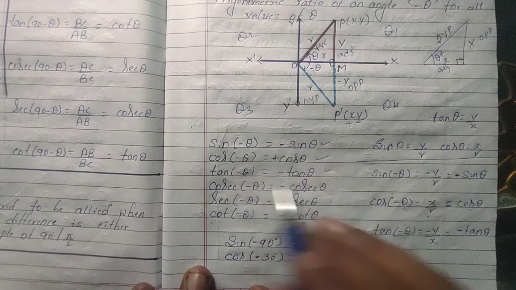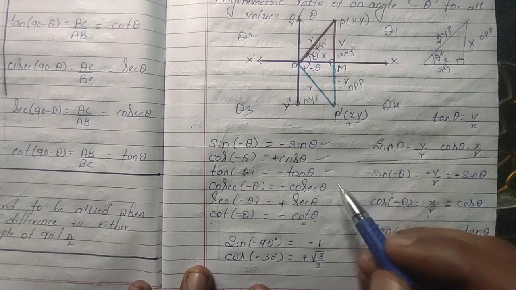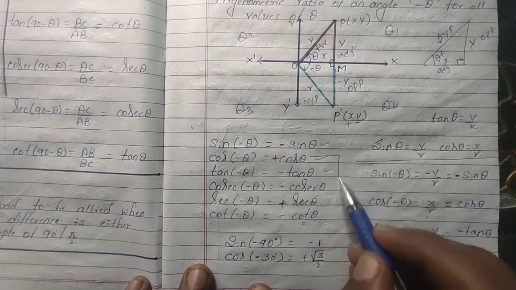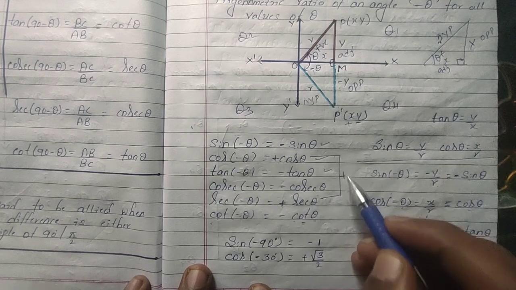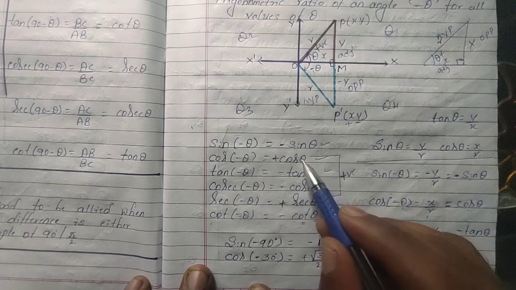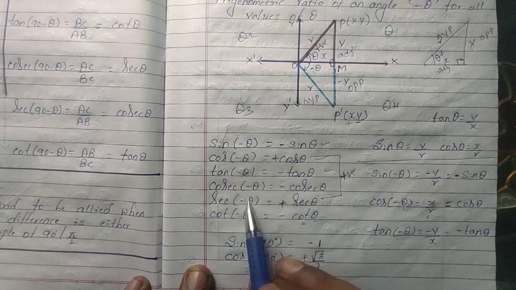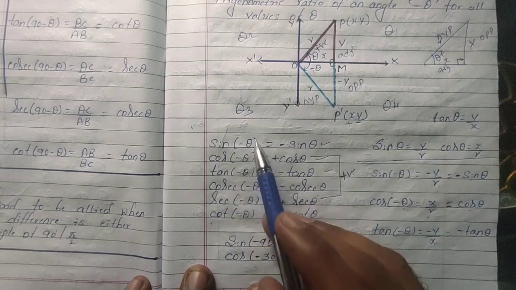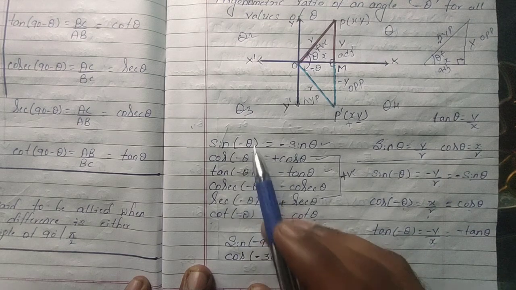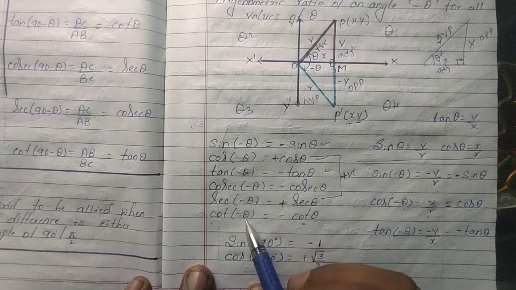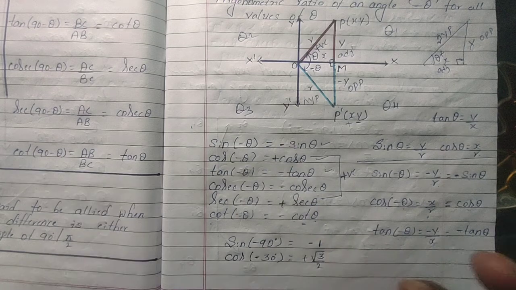So from this, what we understand is only cos and secant are positive when theta is negative. In the rest of the cases, sine, tan, cosecant, cot, all are minus.